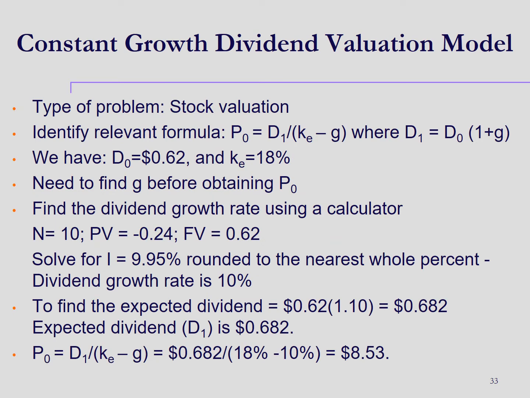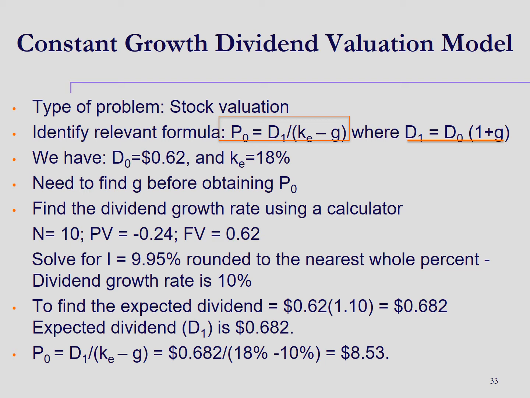We know that the constant growth dividend valuation model should be used to solve the current share price P0, where the expected dividend next period D1 is equal to the current dividend D0 times 1 plus the constant dividend growth rate g.